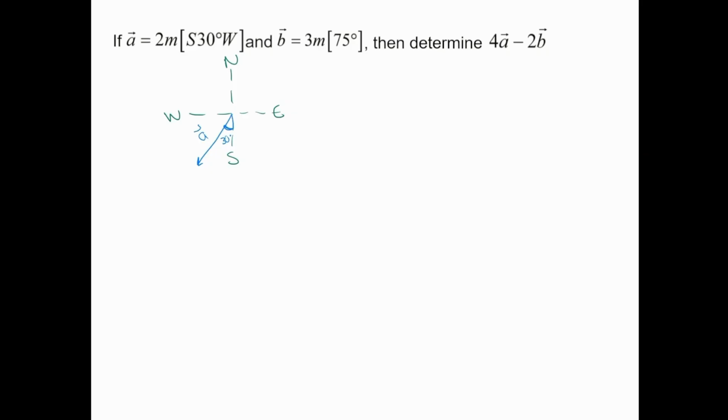Now, the other vector that I have, this B that equals 3 meters and is at 75 degrees. Remember, I said we're going to say it's 75 degrees from north. So we're going to start at north and go 75 degrees. So here is our vector B. But we don't want vector B. We want the opposite of vector B. So that is going to be completely in the opposite direction.